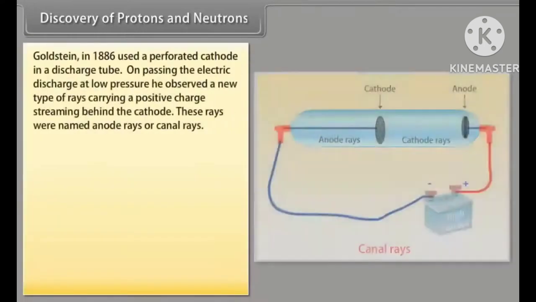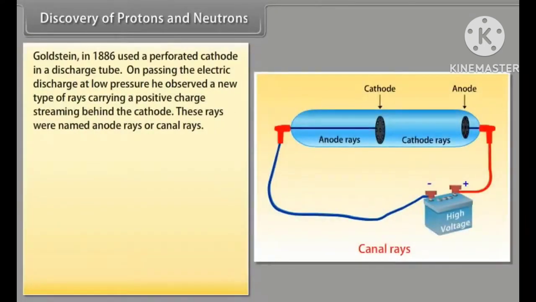Discovery of protons and neutrons. Goldstein in 1886 used a perforated cathode in a discharge tube. On passing the electric discharge at low pressure, he observed a new type of rays carrying a positive charge streaming behind the cathode. These rays were named anode rays or canal rays. Properties of anode rays.